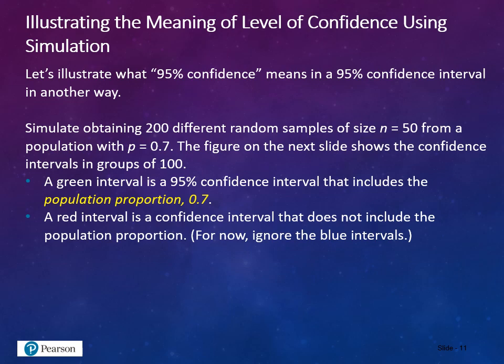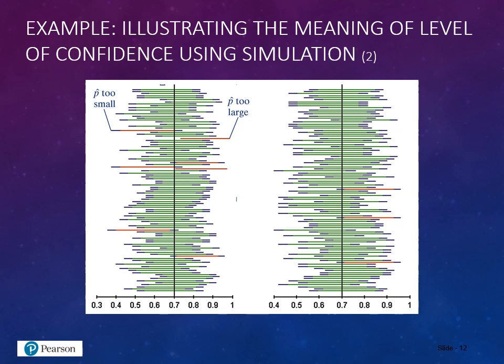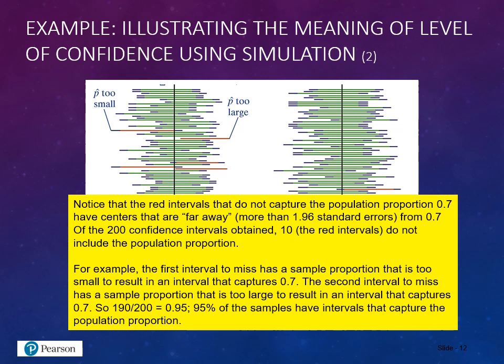A green interval is a 95% confidence interval that includes the population proportion p equals 0.7. A red interval is a confidence interval that does not include the population proportion. For now, ignore the blue intervals. I know these are hard to see. As far as I can see, a lot of green, I can see some blue on the edges. It's hard to see a lot of the reds. So let's add some details here.